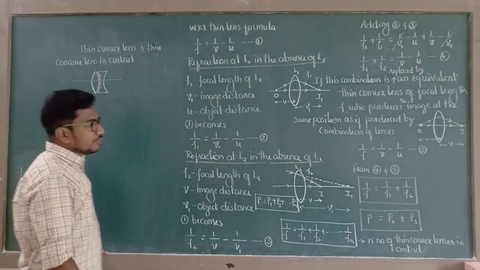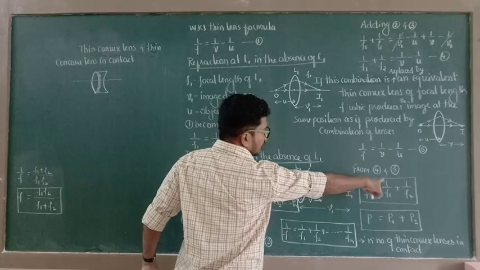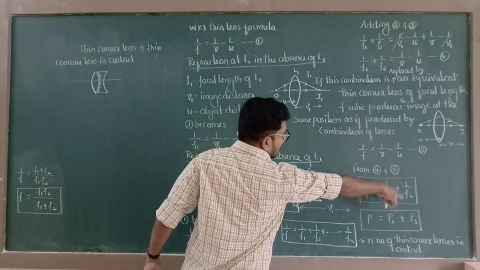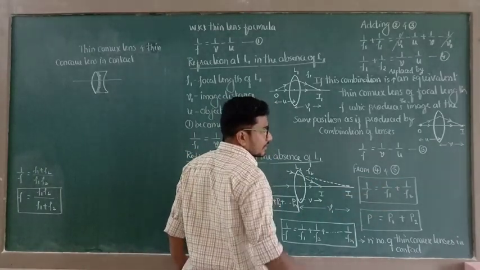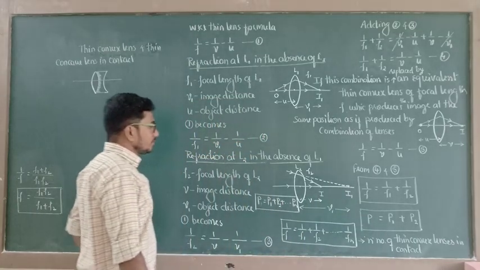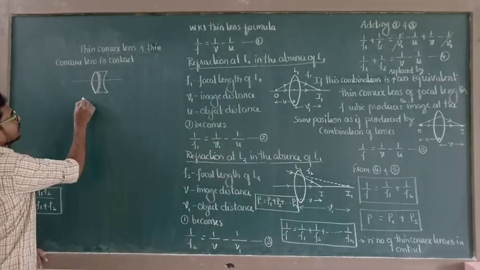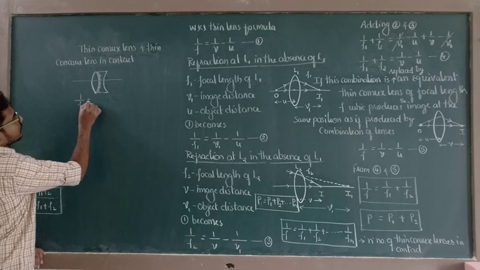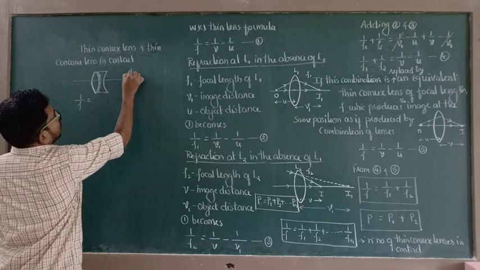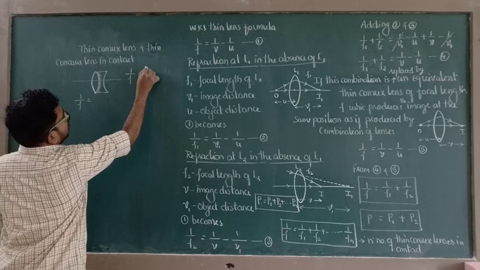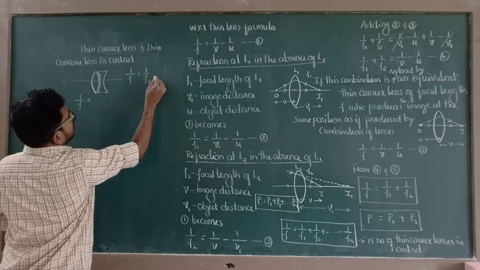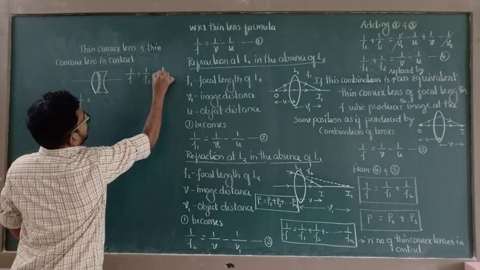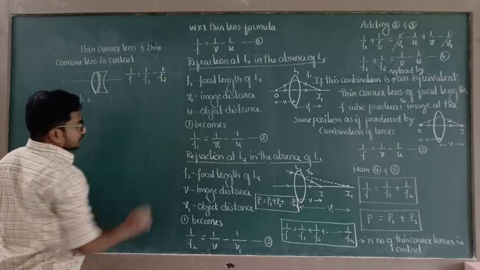Then effective focal length becomes 1 by f is equal to 1 by f1 minus 1 by f2. The combination is convex and concave. Then 1 by f is equal to 1 by f1 minus 1 divided by f2.